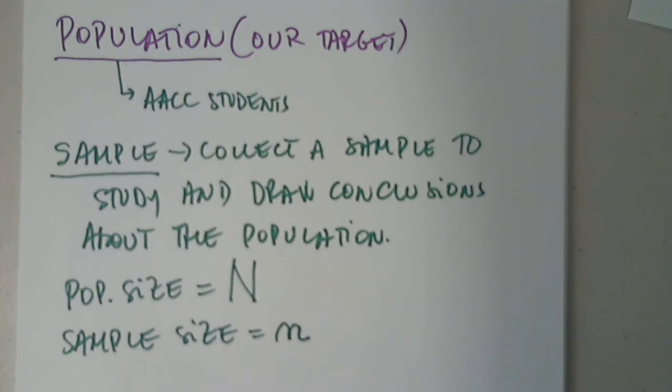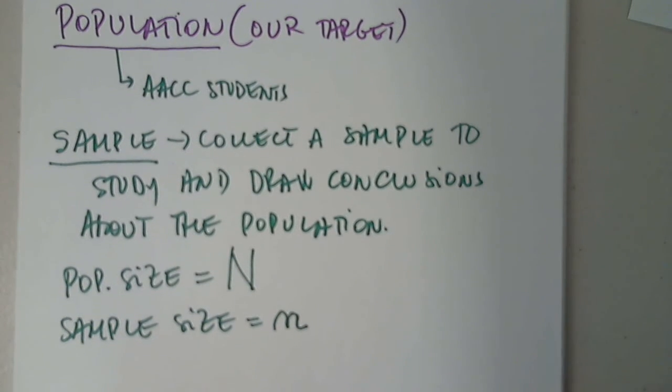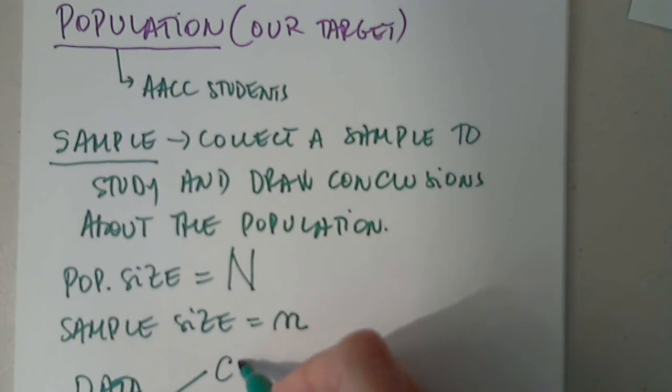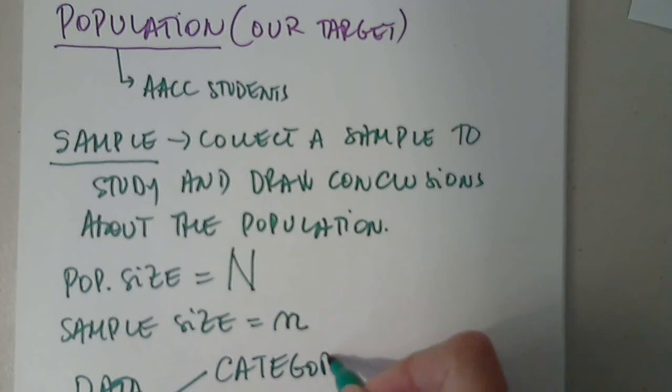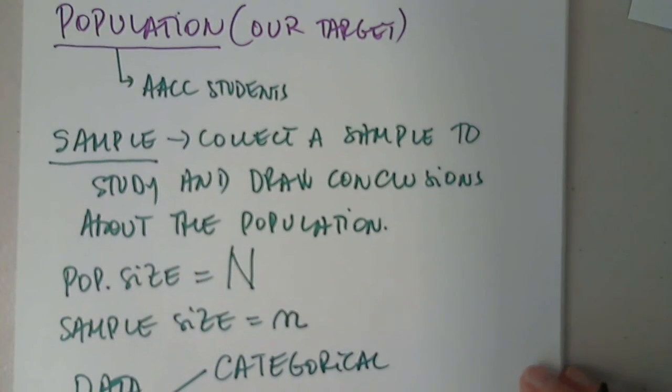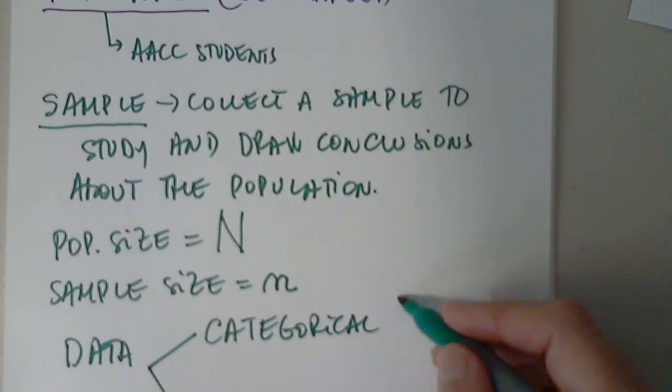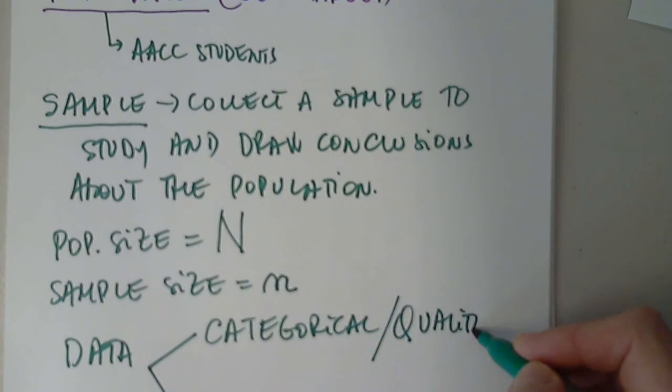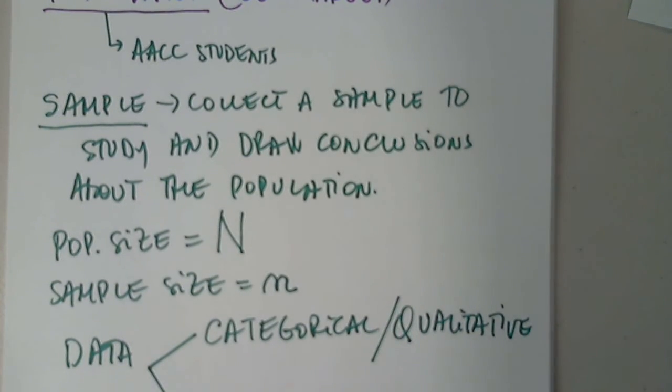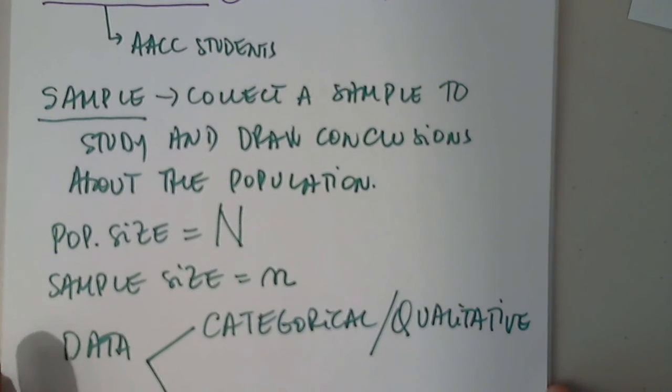We have what is called data of two different types. Categorical, also called qualitative. So we can collect on anyone we want, any particular interest we may have.